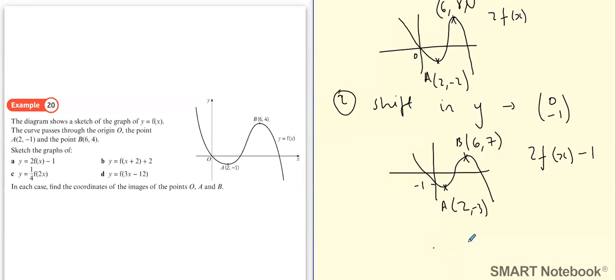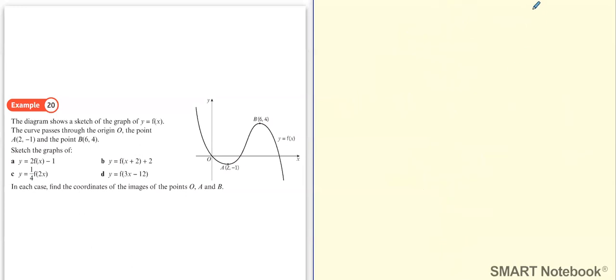Right, let's now look at part B. There are no stretches in here because they're all adding or subtracting. Well, inside the bracket, I'm going to shift left by 2. Outside the bracket, I'm going to move it up by 2. So it's translation only.